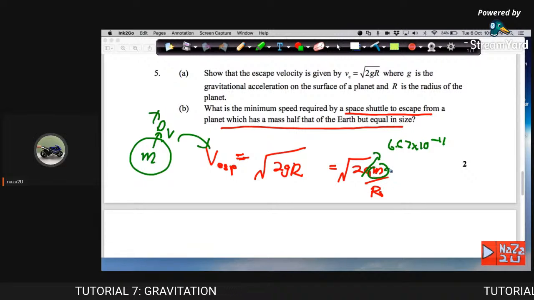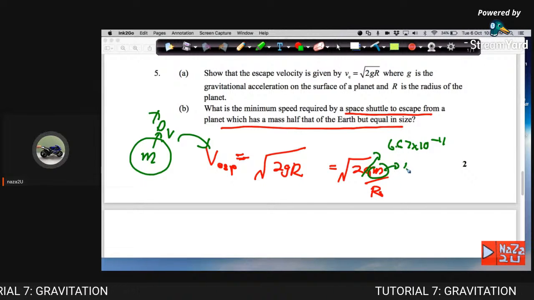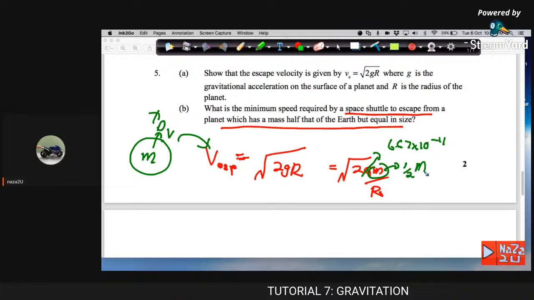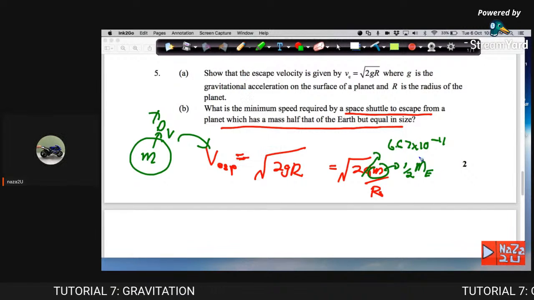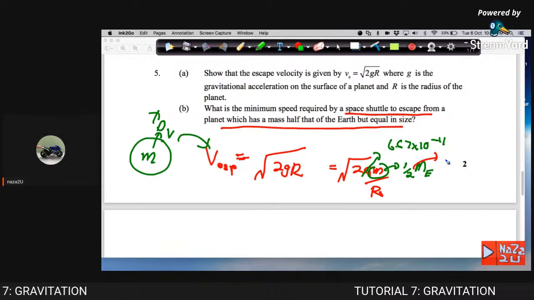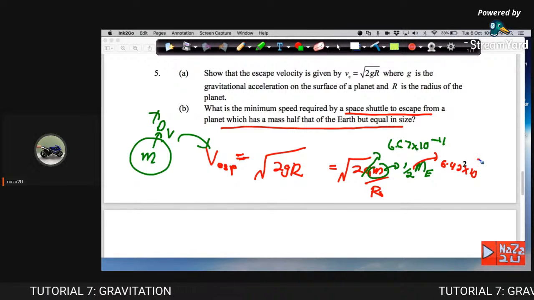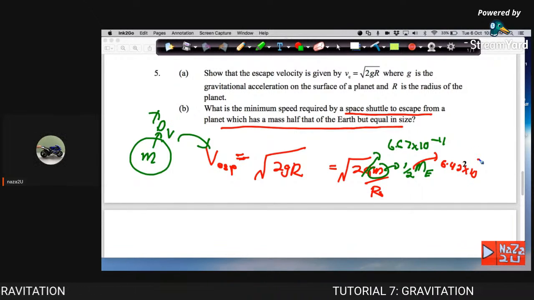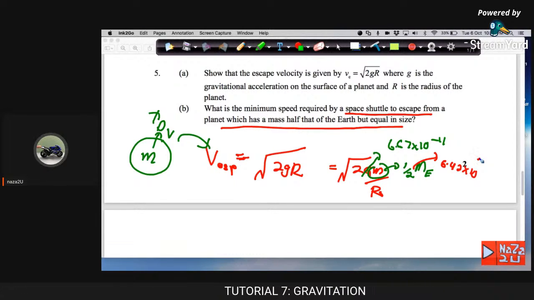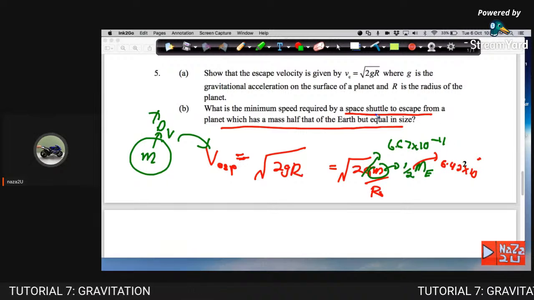So maksudnya kat sini mass adalah half of mass of the earth. Mass bumi adalah constant, iaitu 6.42 exponent 23. Nanti kamu cari mass bumi berapa, this is constant.